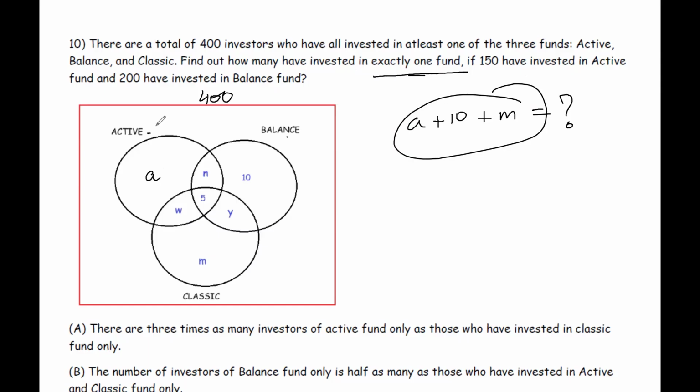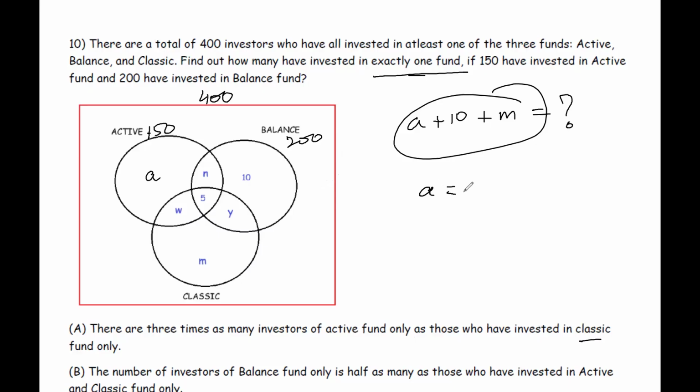If 150 have invested in active and 200 have invested in balance. Okay. So that's the information we have. This is NWY 105M. Okay. Right. There are 3 times as many investors of active funds only as those who have invested in classic fund only.